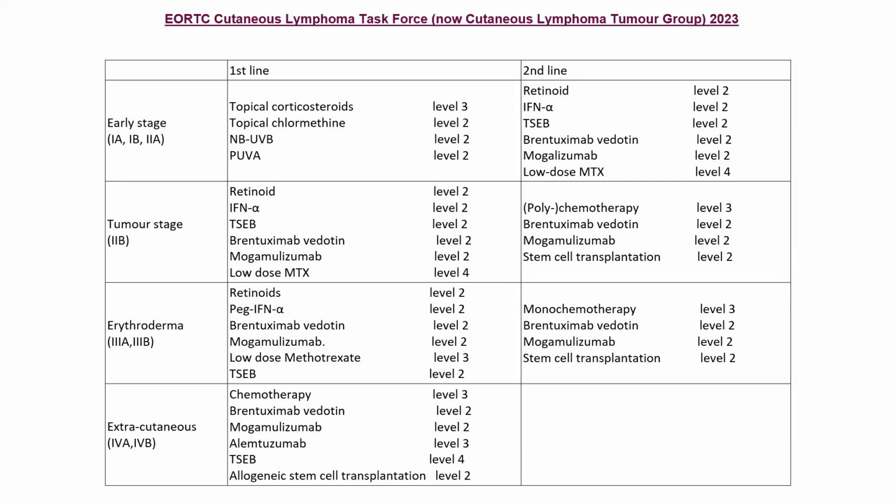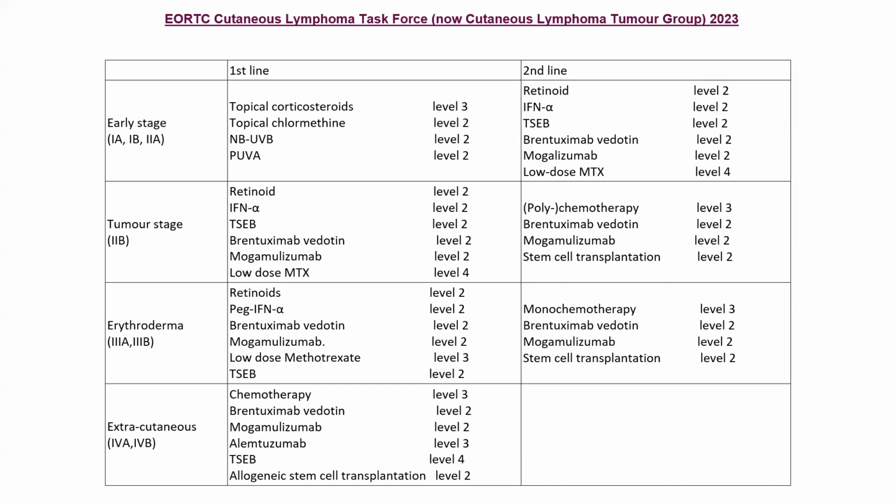Early stage mycosis fungoides patients can do well with skin-directed therapy like topical steroids and narrowband UVB or PUVA. Chemo should be avoided in the aim to cure early MF because it has inferior results and a severe side effect profile that results in a shorter lifespan than other options.